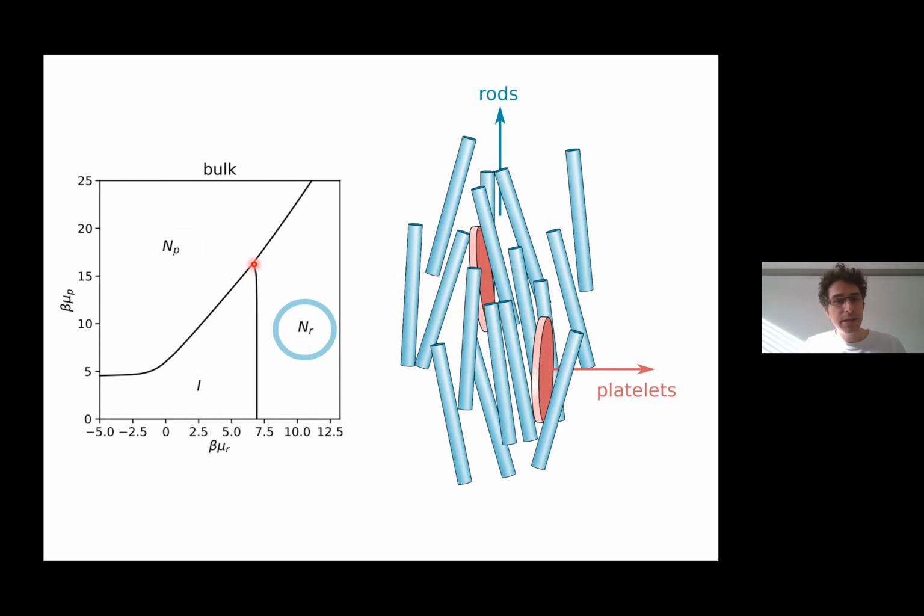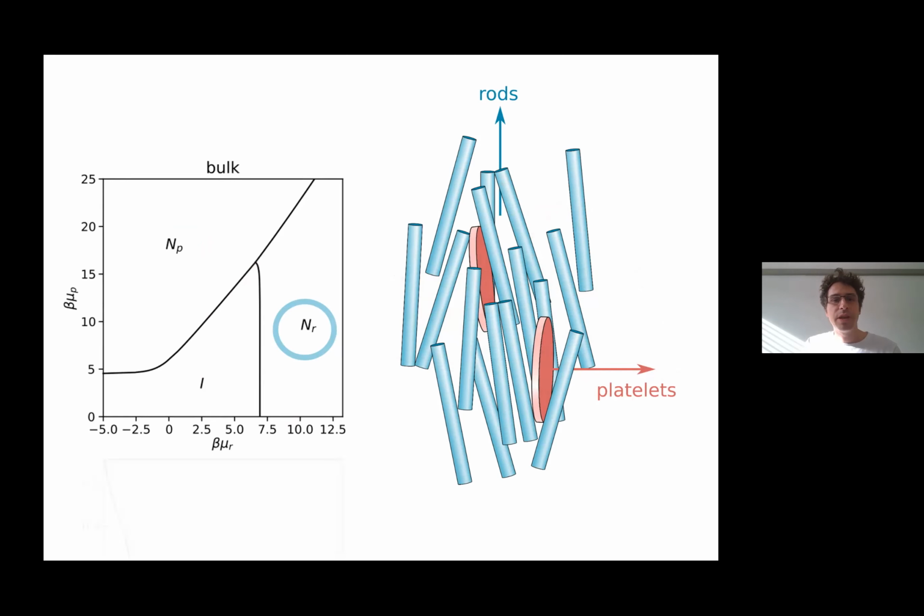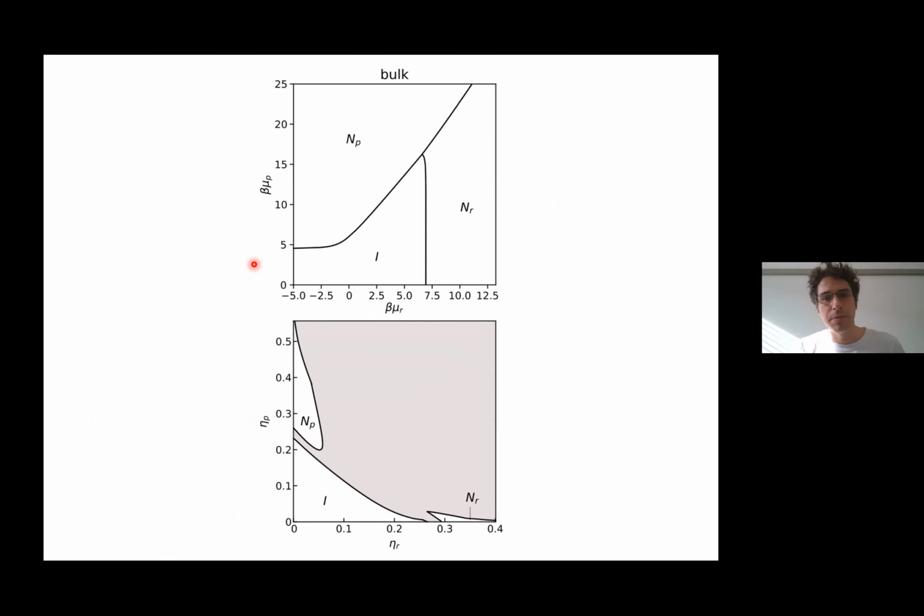And this is the bulk phase diagram in the plane of chemical potentials, which is maybe not the most relevant plane for experimentalists. So one can transform this into a phase diagram in the plane of packing fractions. This is the packing fraction of the platelets versus the packing fraction of the rods. The binodals are the black lines, and the gray area is the phase separation region.